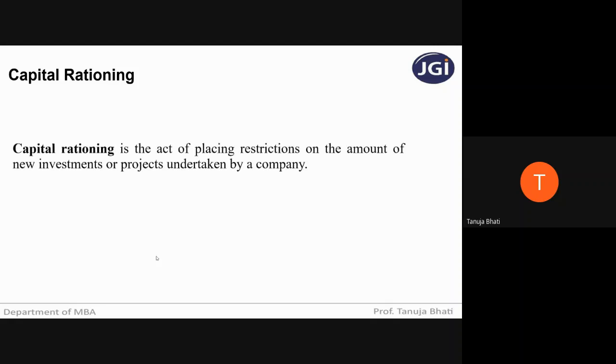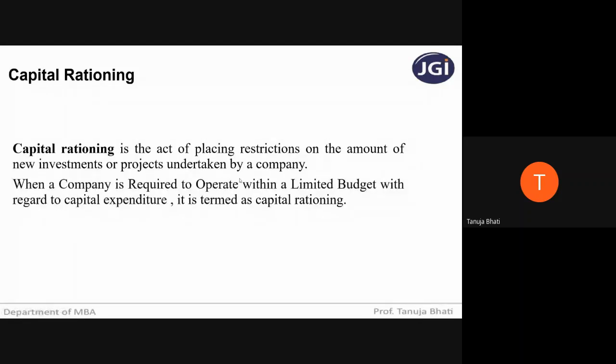Next, let us understand what is capital rationing. Capital rationing is the act of placing restrictions on the amount of new investments or projects undertaken by a company. When a company is required to operate within a limited budget with regard to capital expenditure, it is termed capital rationing.